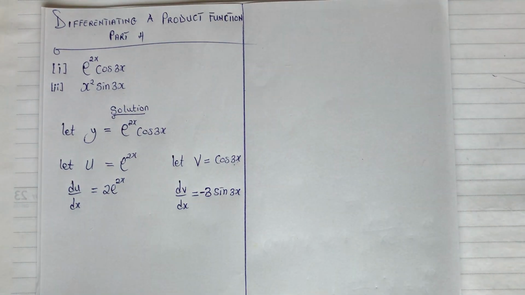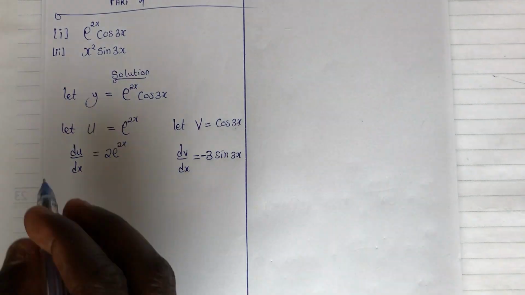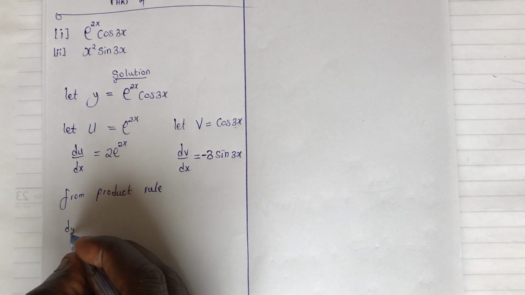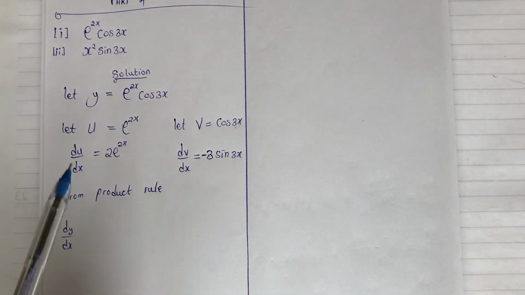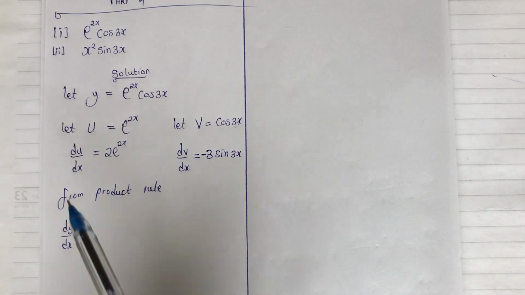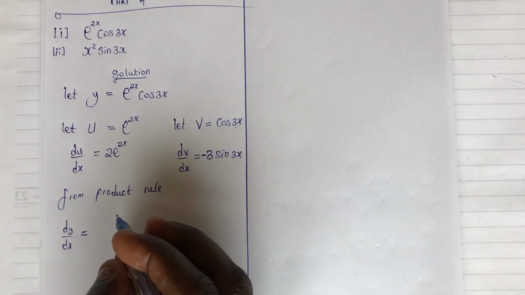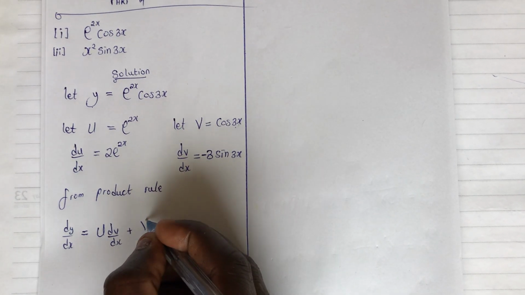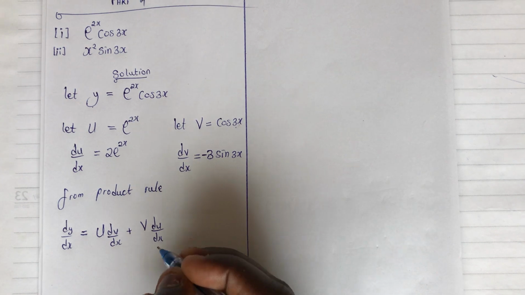So this is it. Then I apply the product rule because it's a product function. So from product rule, I have dy dx, because the main function is y, with respect to x. dy dx will be the first variable, u dv dx plus v du dx.